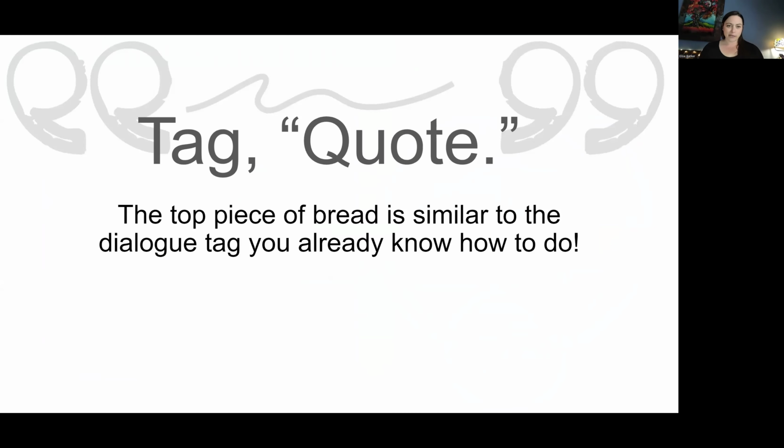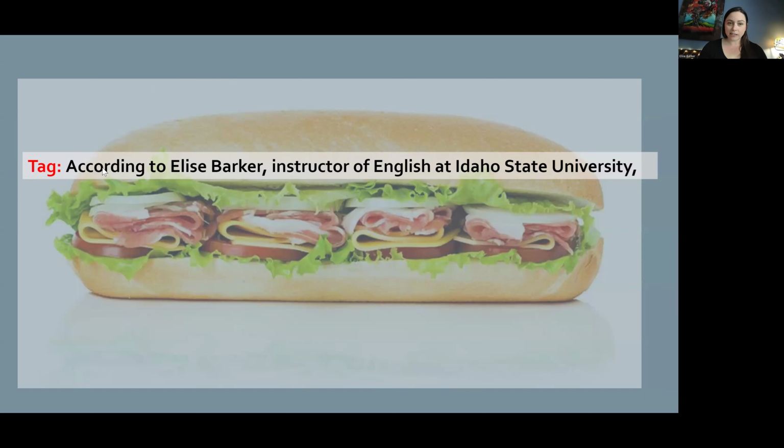The top piece of bread, the piece that begins our quote sandwich, is basically a tag in which you're introducing the quote. So here we have this tag, and it introduces the quote that's coming. For an example, the top piece of bread may look something like this: According to Elise Barker, instructor of English at Idaho State University, and then the next piece will come on.